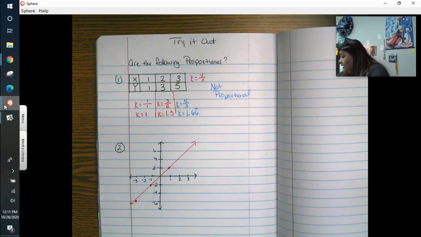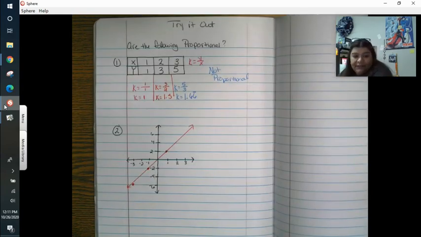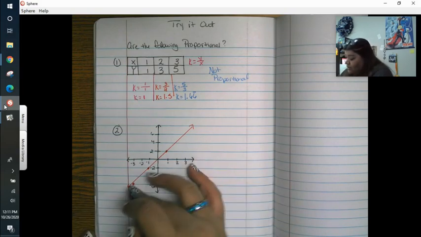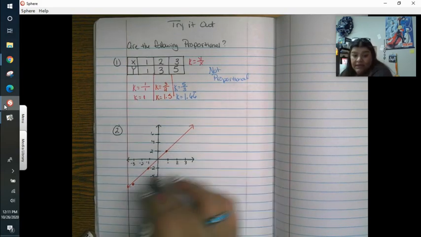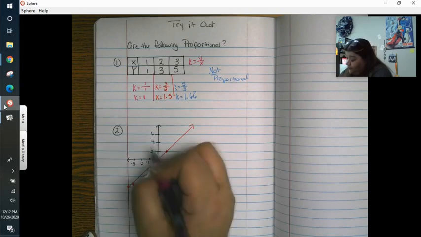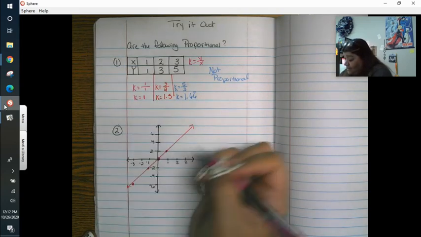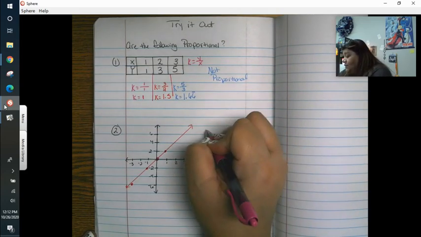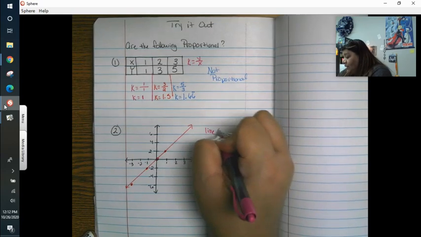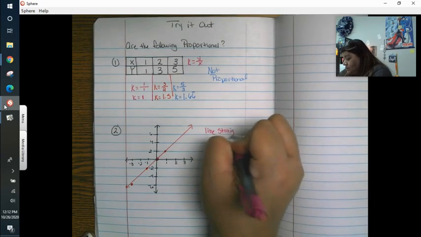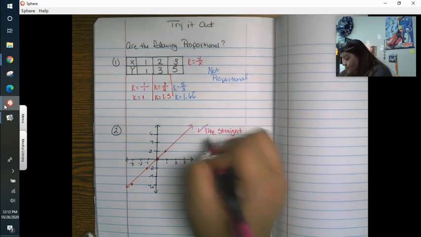All right. Let's take a look at this one. Okay. Now looking at the graph, let's take a look. Is my line straight? Yes. Does it go through the origin right here? Yes. Okay. So I'm going to put here just so we know, line straight. Yes.